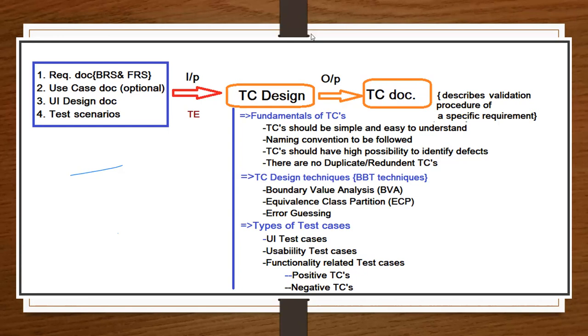In general, as a functionality test engineer, we are going to prepare three types of test cases. One is user interface test cases. What is the meaning of that?